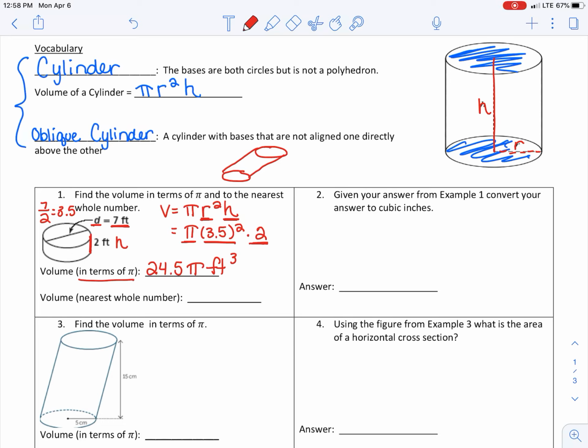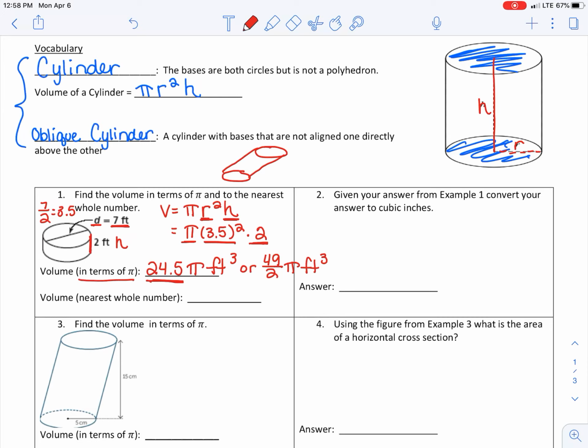Now, most of the time, we don't want to have decimals when it says in terms of pi. So we can convert this 24.5 into a fraction, and it's actually going to give us 49 over 2 pi feet cubed. Okay, and we always want to make sure that we have the feet cubed because we're talking about volume.